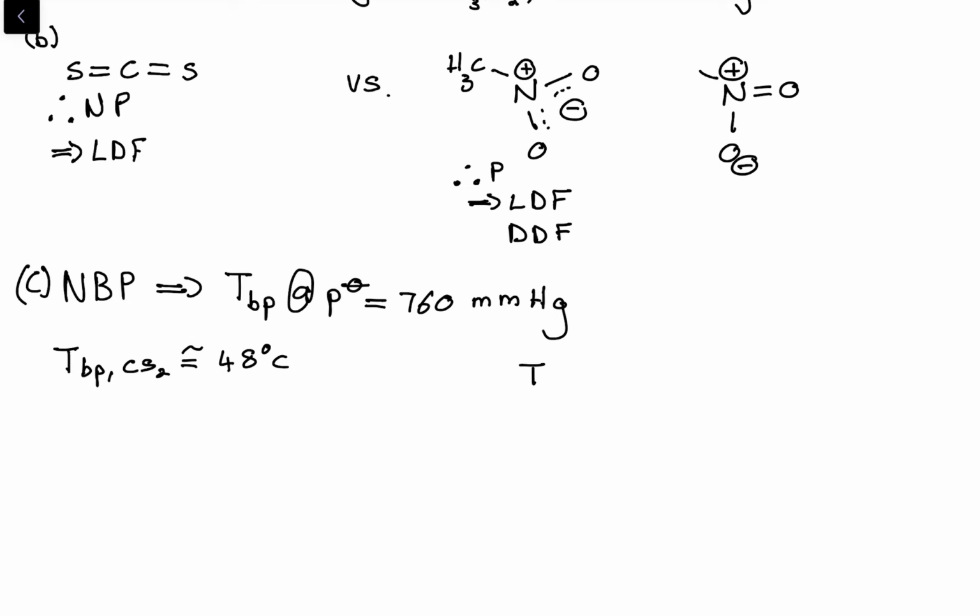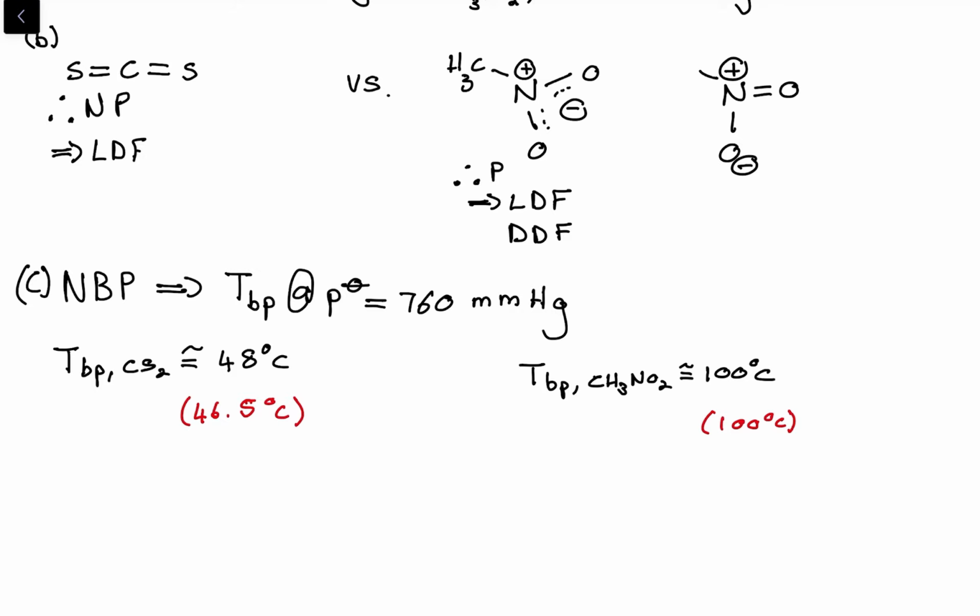And your boiling point of the nitromethane, CH3NO2, is roughly 100 degrees Celsius. And if you compare that to the experimental boiling points, the ones that you can get on Google, this one is 46.5 degrees C, and this one is 100 degrees C. So the graph is correct.